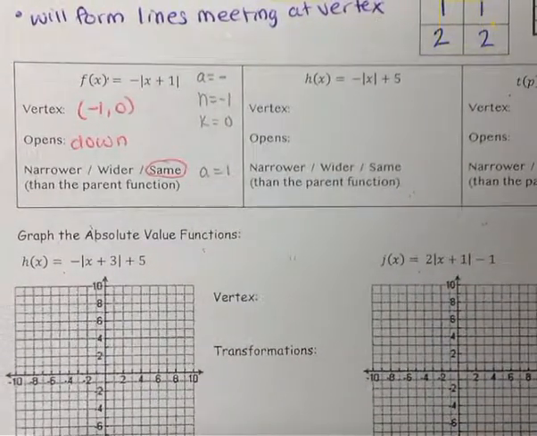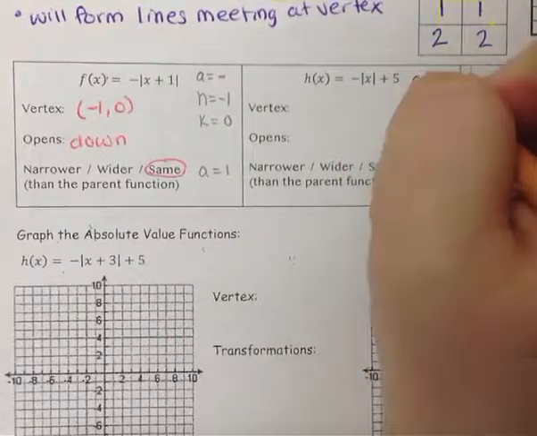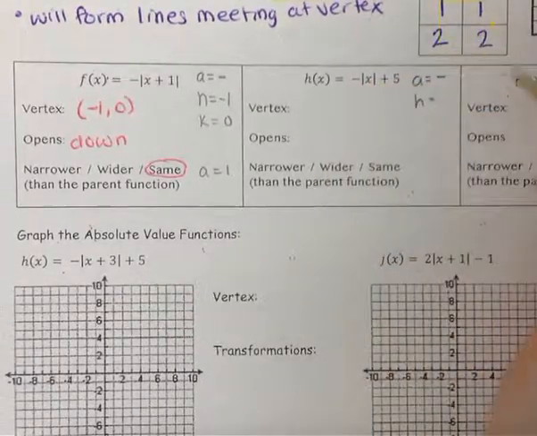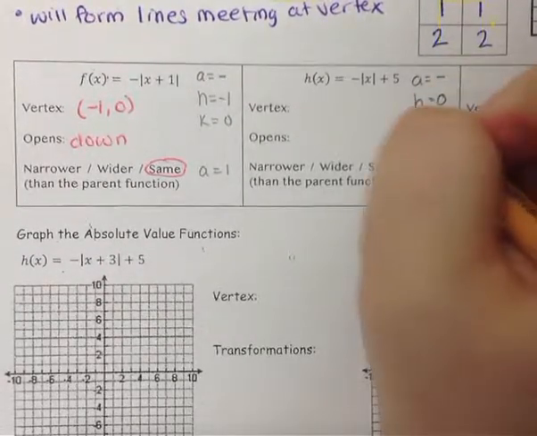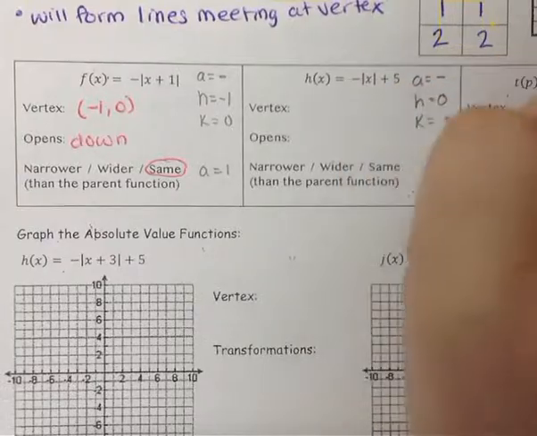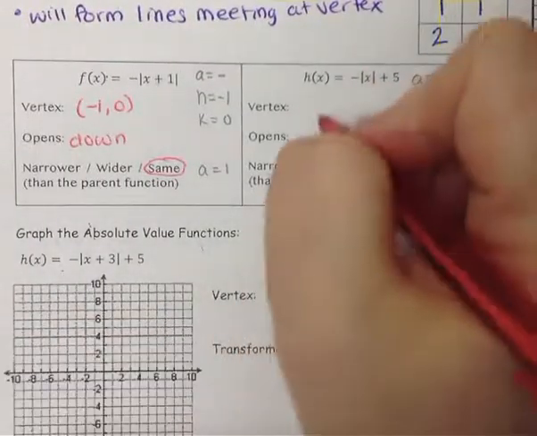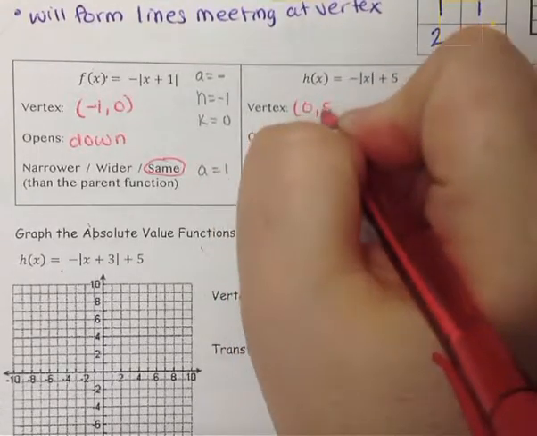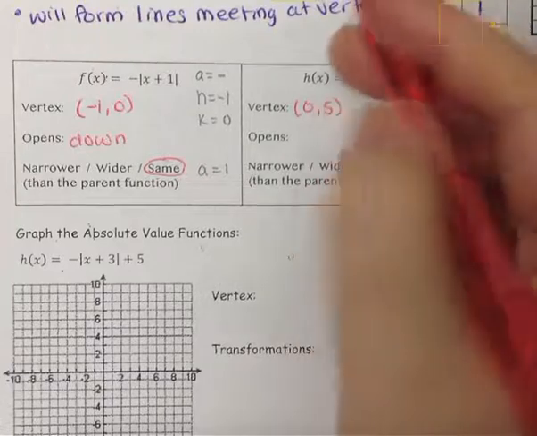On this next one, our a value is again a negative. Our h value inside the absolute value has nothing with it, so our h value is 0. And our k value is on the outside, that positive 5. So our vertex will be that 0, 5, and since the a is negative, it's going to reflect over the x-axis, so it's going to open down.